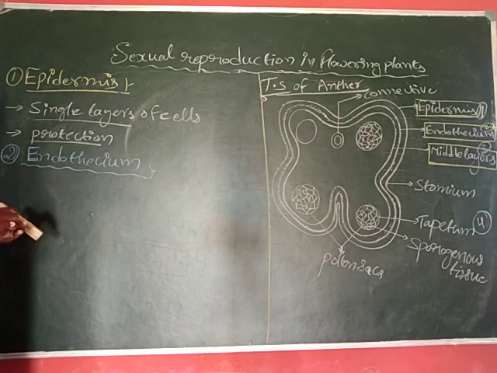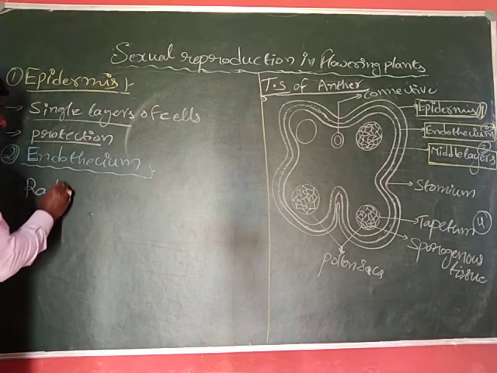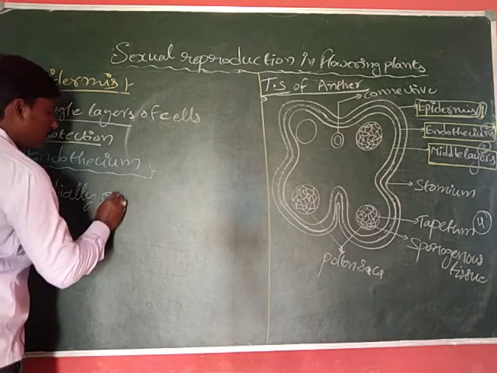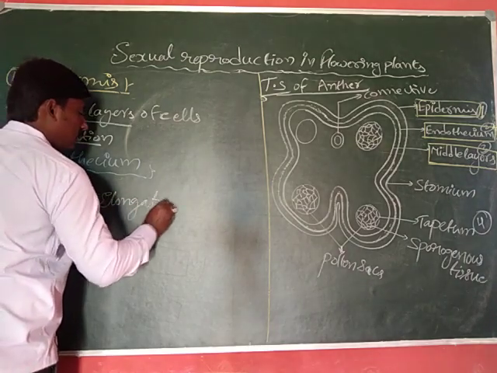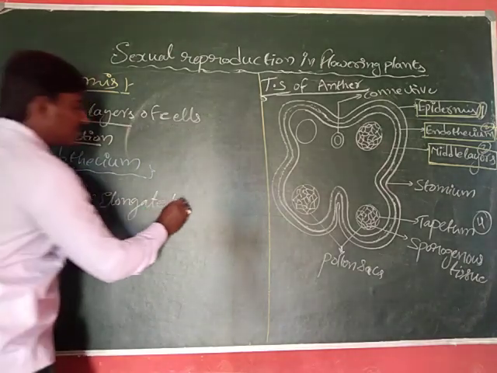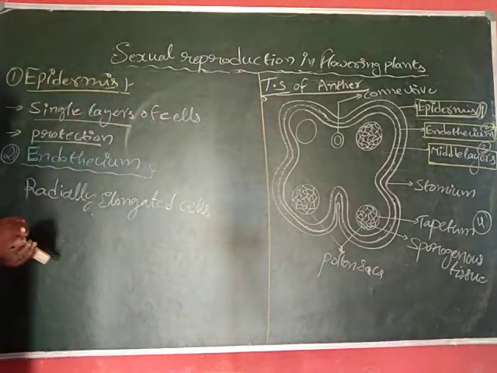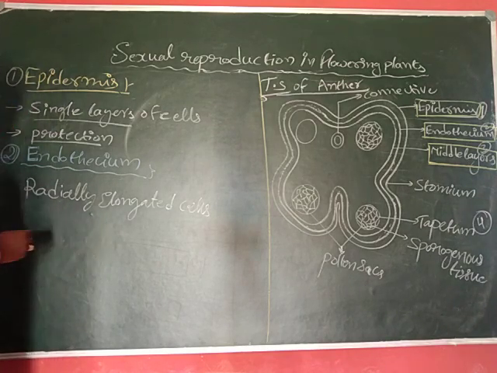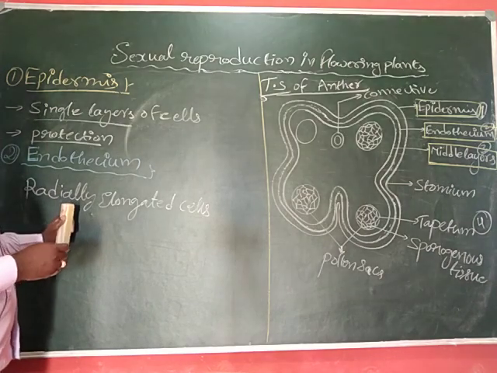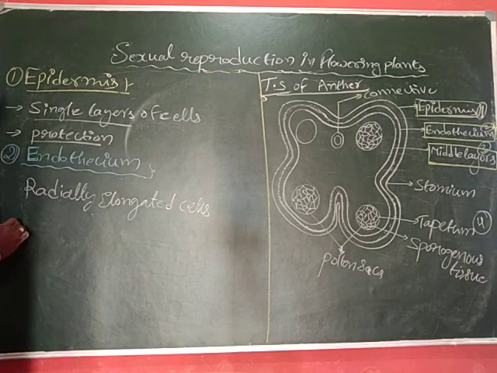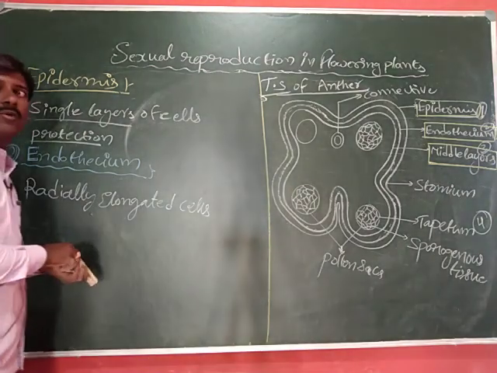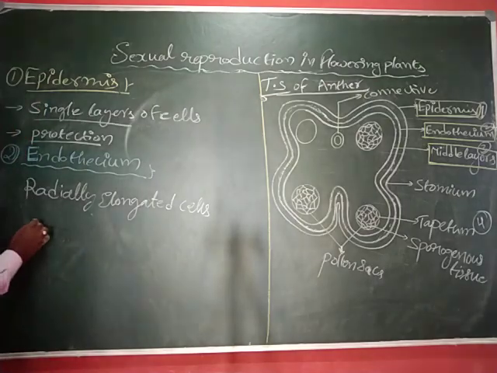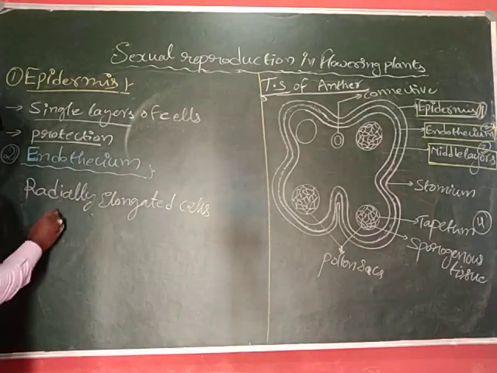The endothecium anther wall layer is made up of radially elongated cells. It also consists of one of the most important biological substances, that is alpha cellulose.